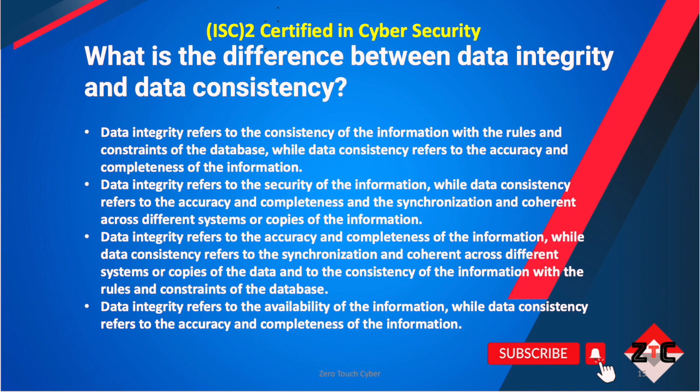Data integrity refers to the accuracy, completeness, and reliability of data throughout its entire life cycle. It ensures that data remains unaltered and free from any unauthorized modifications, corruptions, or errors. Maintaining data integrity is crucial for data reliability and trustworthiness.